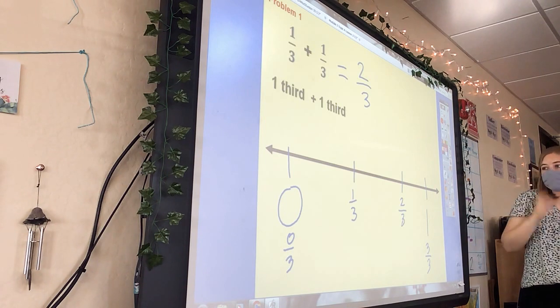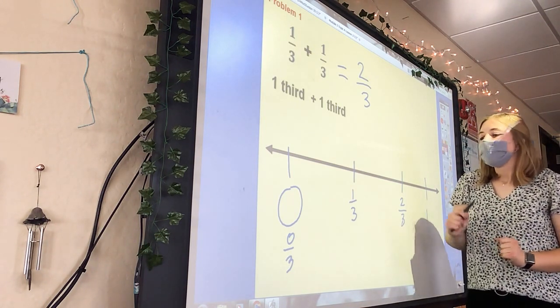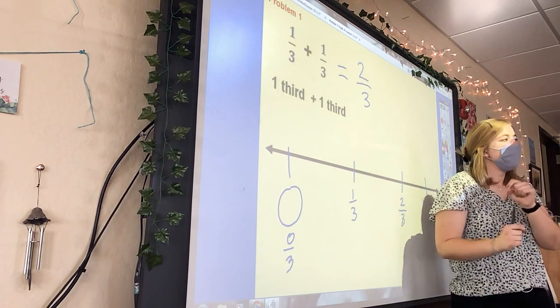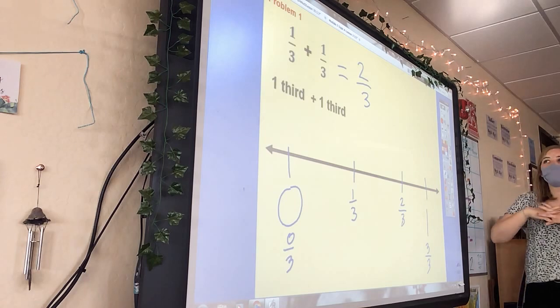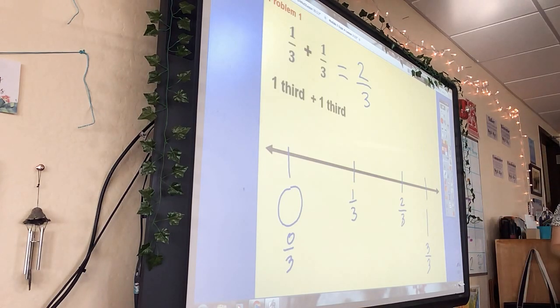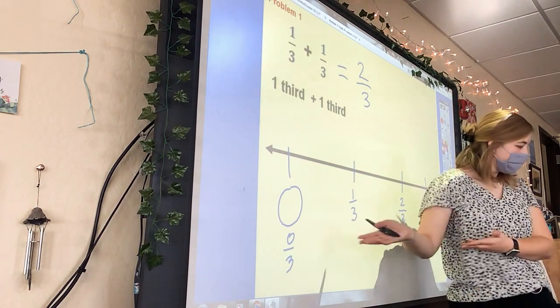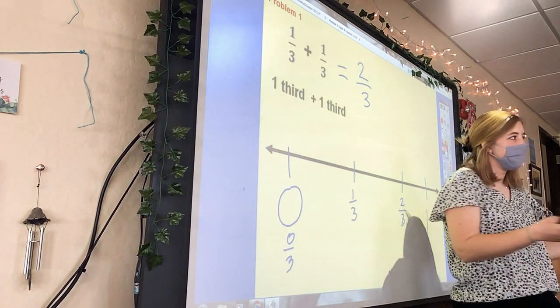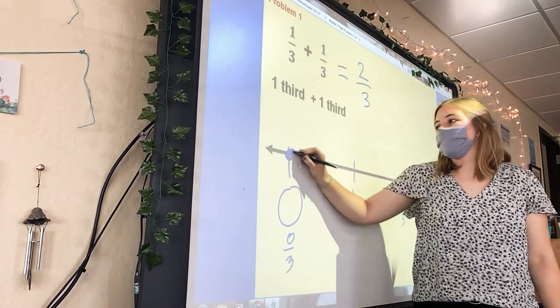So what you guys are going to do is show it on a number line by using kind of like arrows. So really we start with nothing. When we start with nothing, what number do I start at? 0. Class, when I have nothing, what do I start at? 0. So you're going to show a dot on 0.